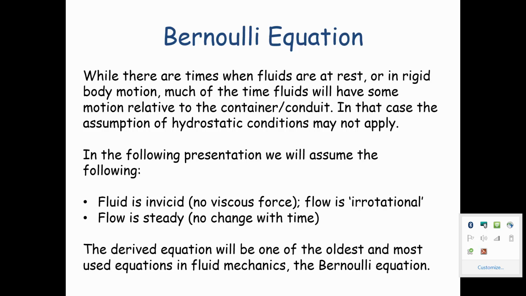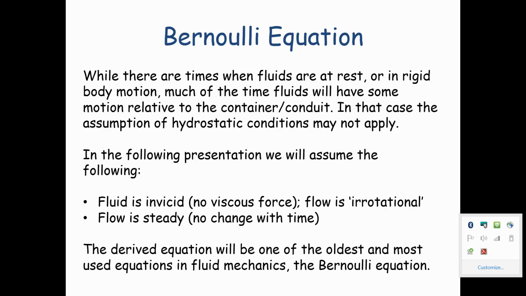We'll also make the assumption that the flow is steady. That's different from equilibrium or static conditions. In this case, the flow is in steady motion, that is, the fluid is not stationary. Essentially, when we say it's steady, there's no change in any of the fluid variables such as pressure and velocity as a function of time.